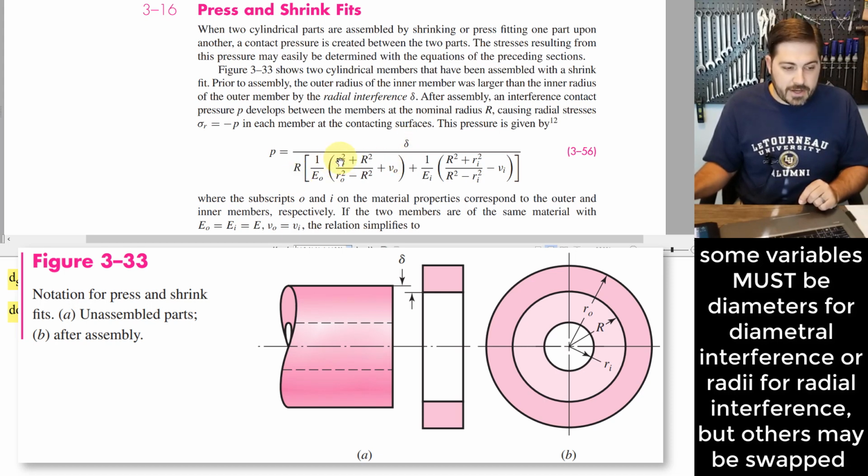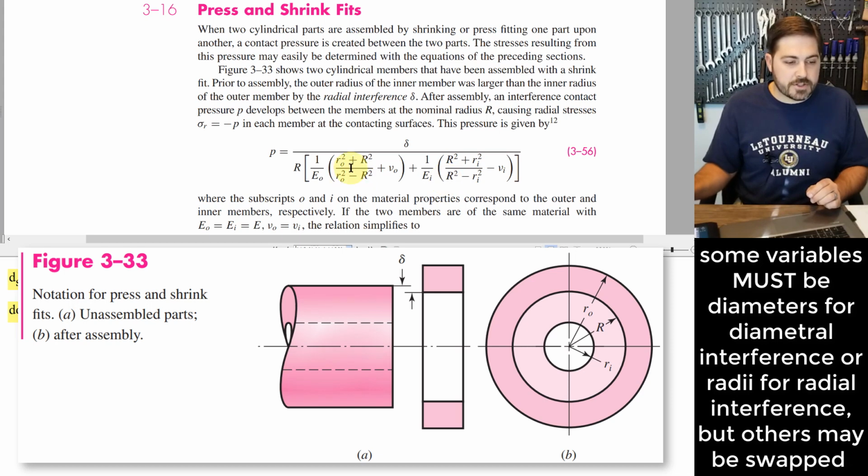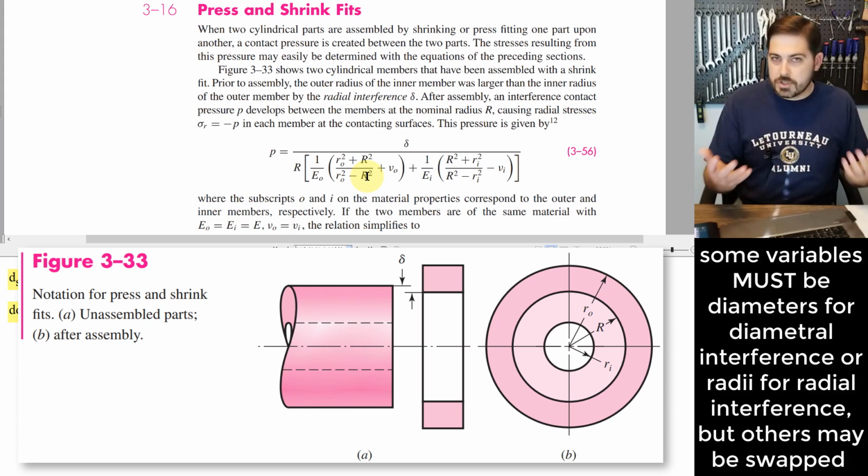You might see I also have radius values in these fractions, but I am free to use either radius values or diameter values in those two fractions right there, because if you think about it, to go from radius to diameter, you just have to multiply each term by 2. Well, if each term is also being squared, then that basically is like multiplying each term by 4. And I will have multiplied the entire numerator by 4 and the entire denominator by 4, which just cancels out.